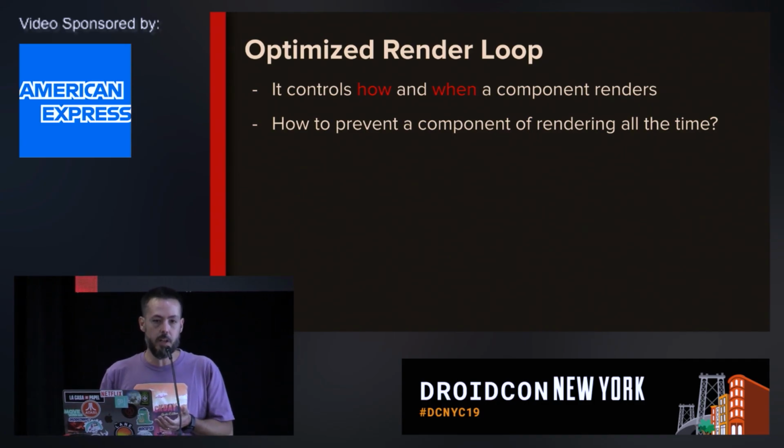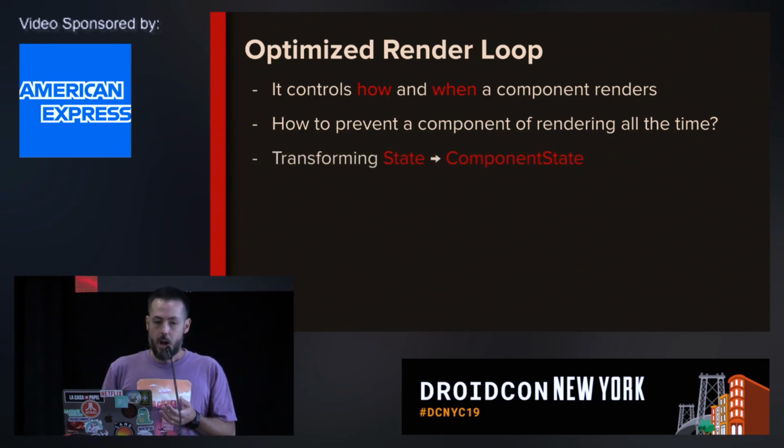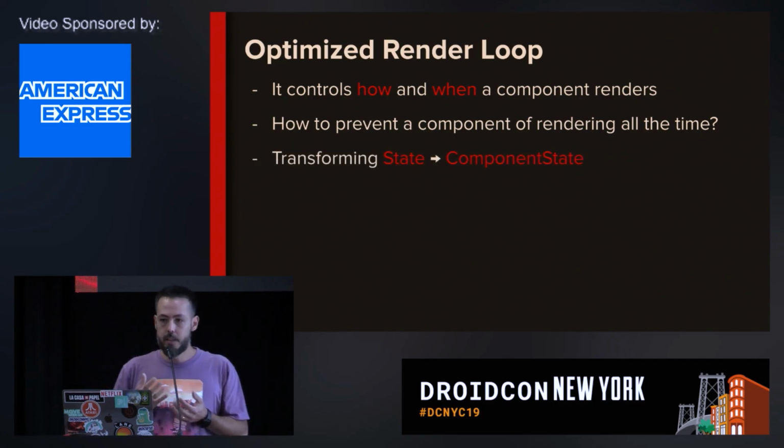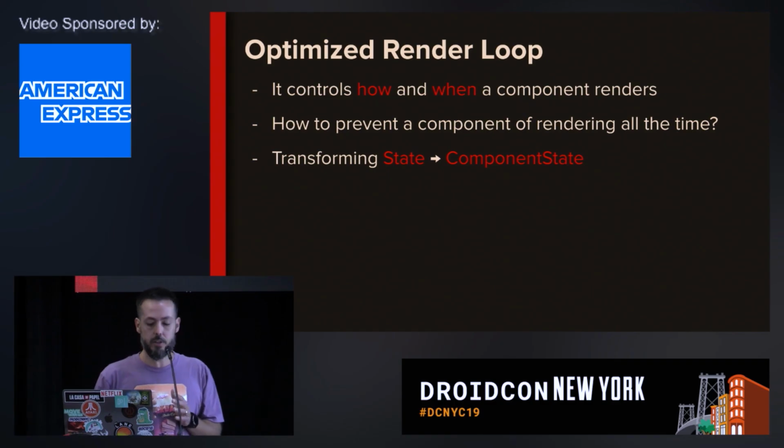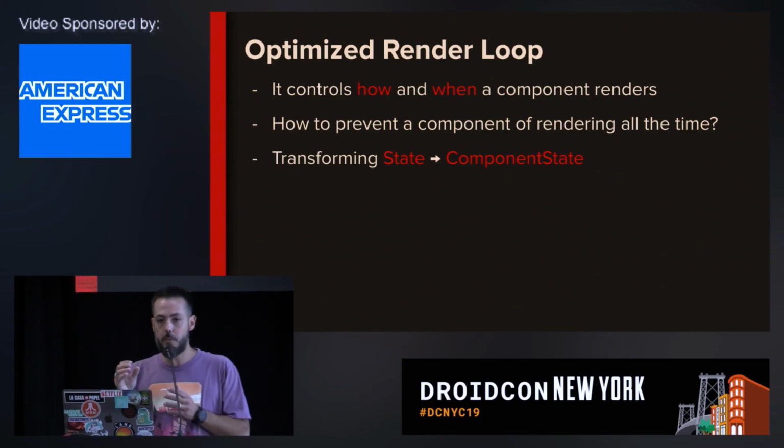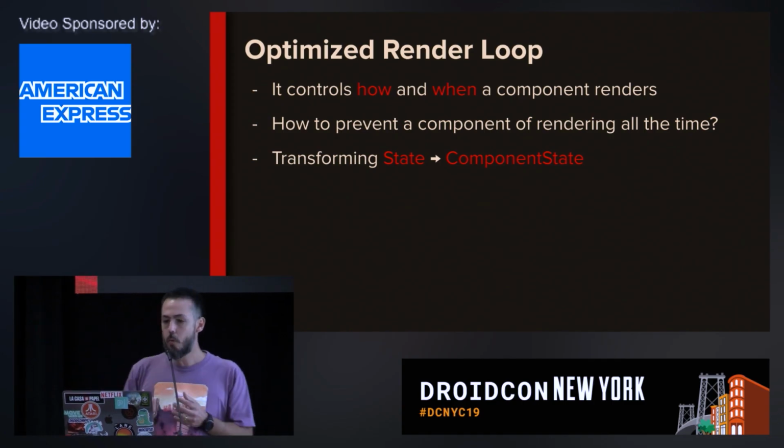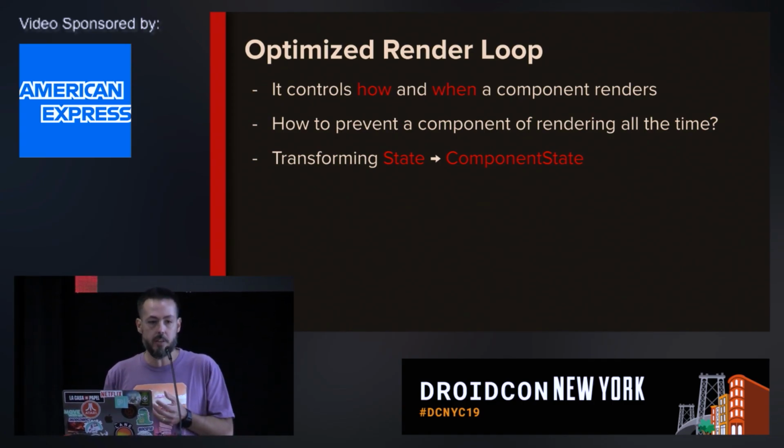In the state, you can have the routes that the user is navigating to, but most of the UI doesn't really care about the route. We don't want to keep calling render every time the state changes. How do we prevent that? And this is a key piece for our architecture. We need somehow to transform the global state into the component state and make sure that the component only renders when something that the component cares about changes.